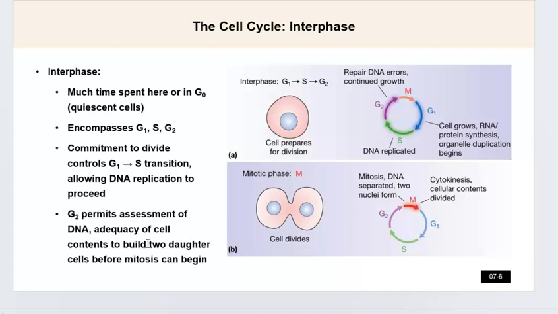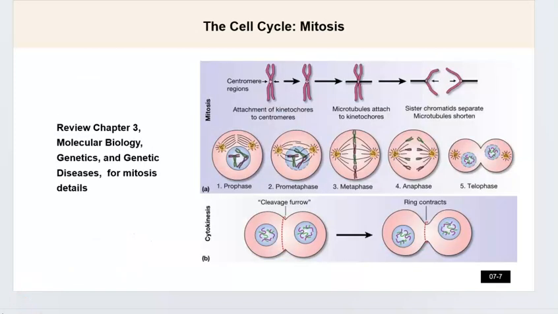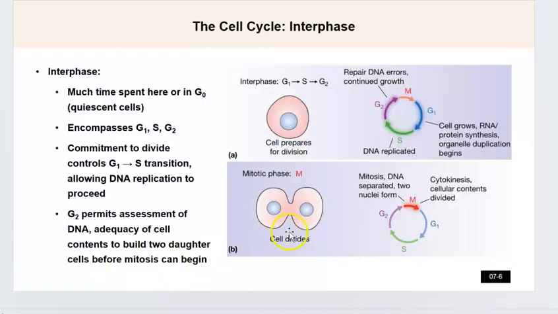Okay? And then we go into the mitosis part, which is seen here in B. The mitotic phase, so we're in M phase, right? In this phase, the replicated DNA is separated, forming two nuclei. During cytokinesis, the contents of the cell are separated as two new cells form.